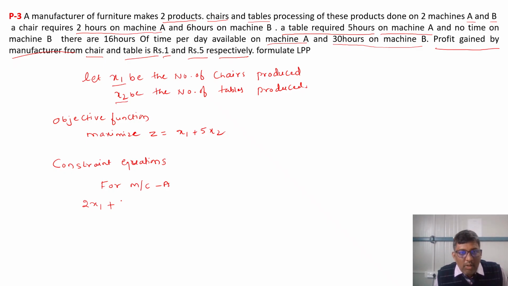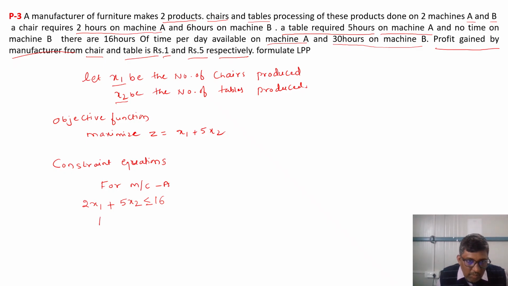So it becomes 2x1 plus 5x2. What is the limitation for this equation? There are 16 hours of time per day available on machine A. So he can utilize machine A only up to 16 hours per day; beyond that he can't utilize it. So he can utilize a maximum of 16 hours, right?